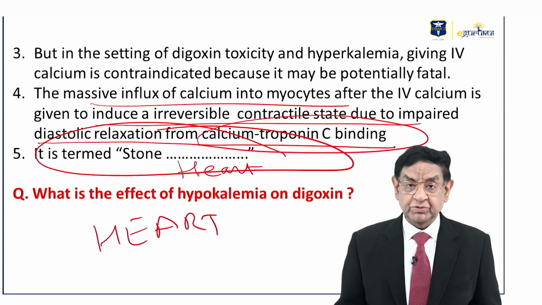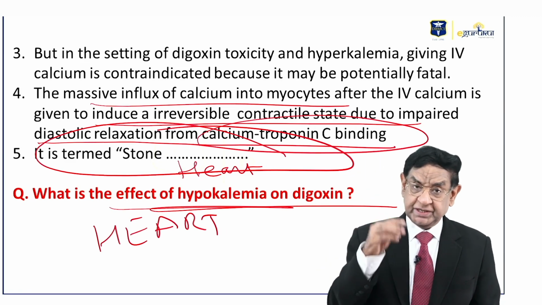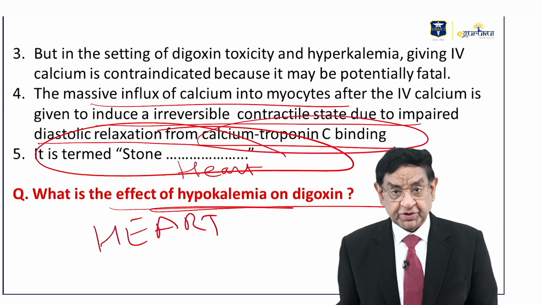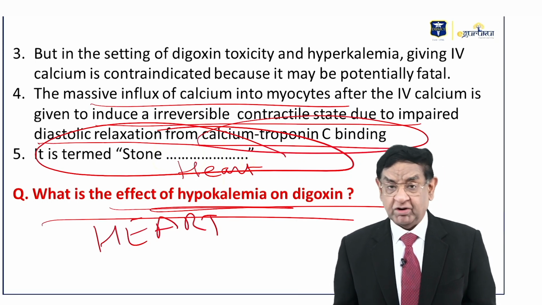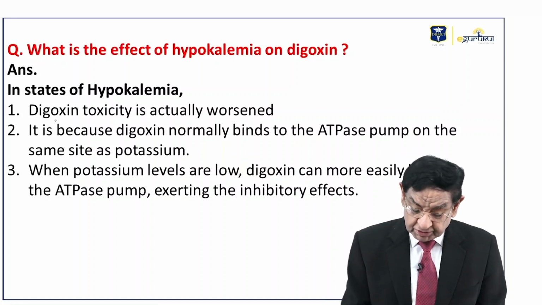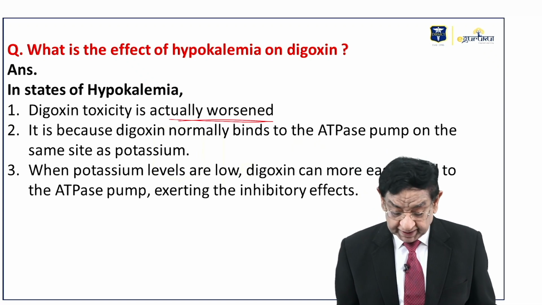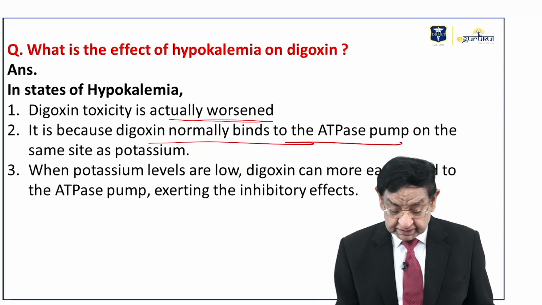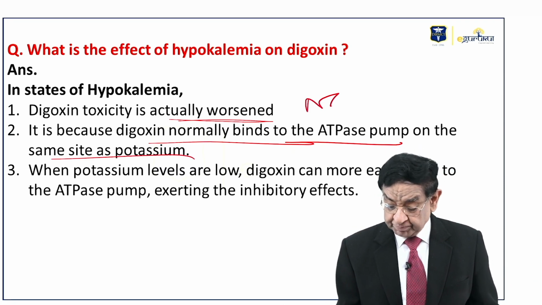Now, what is the effect of hypokalemia on digoxin? Digoxin leads to hyperkalemia. Well, I have a question for you. Stop the video, write down the answer. What is the effect of hypokalemia on digoxin? Digoxin toxicity actually gets worsened with hypokalemia. Why? Digoxin normally binds to the ATPase pump on the same site as potassium, a sodium potassium ATPase.